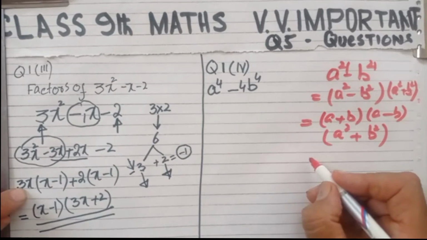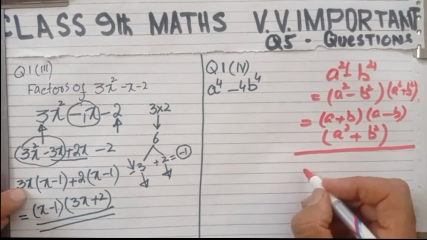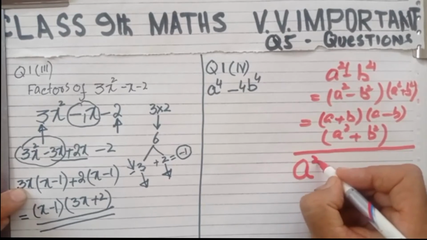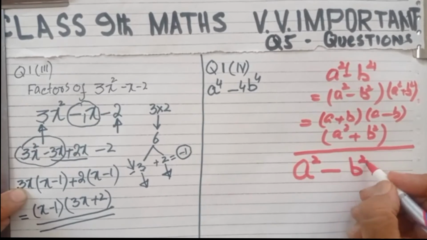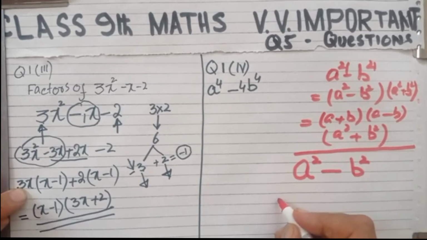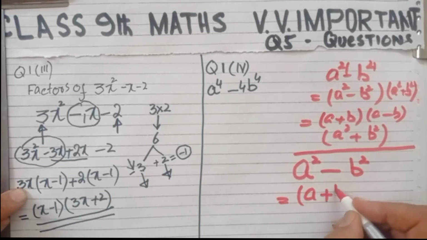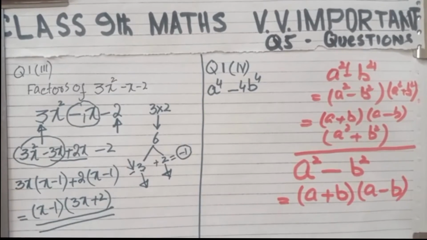Now the basic formula is this, that a square minus b square is always equal to a plus b and a minus b.